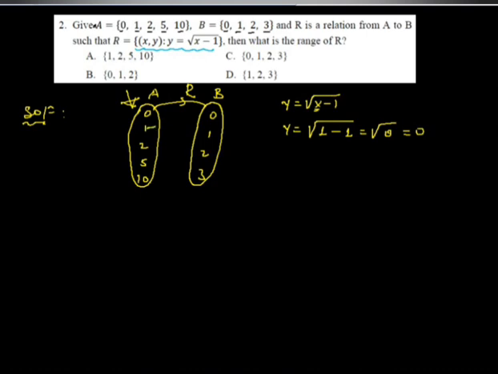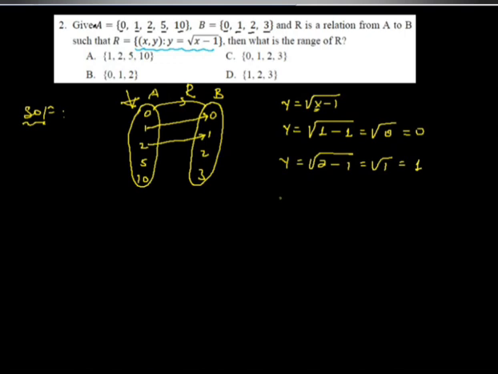So 1ን ስናስገባ y 0 ይሆናል። በx ቦታ 2ን ስናስገባ y becomes the square root of 2 minus 1 which is the square root of 1. The result is 1.